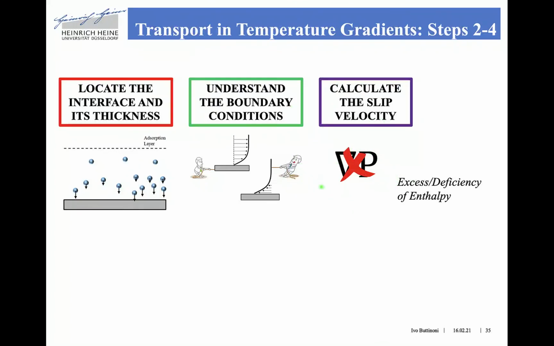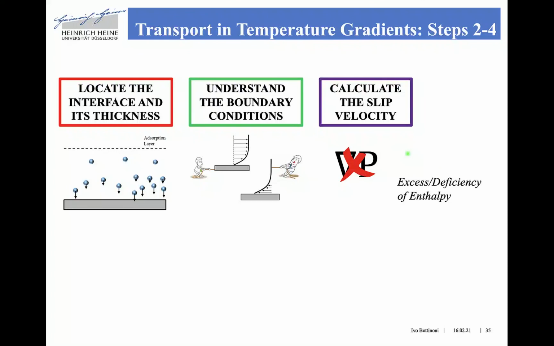And we can also claim that the slip velocity is now no longer a function of the osmotic pressure difference, but it's related to the excess or deficiency of enthalpy carried by an equivalent pressure-driven convection fluid.